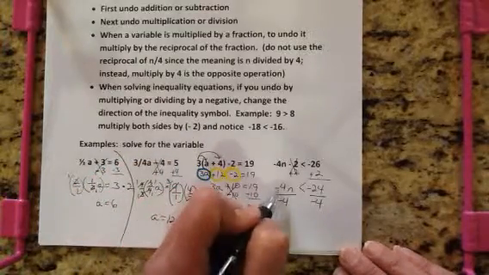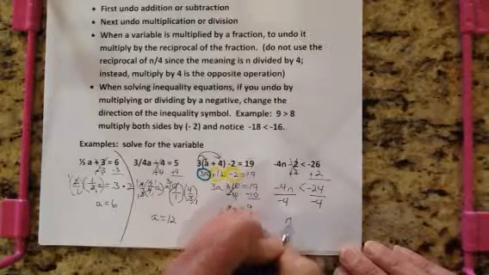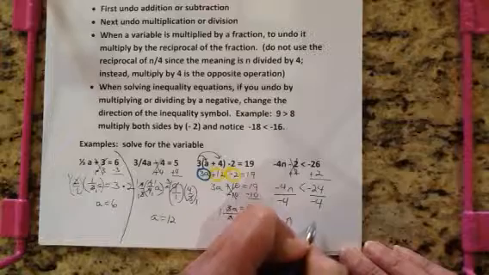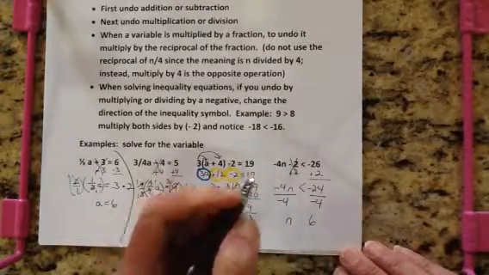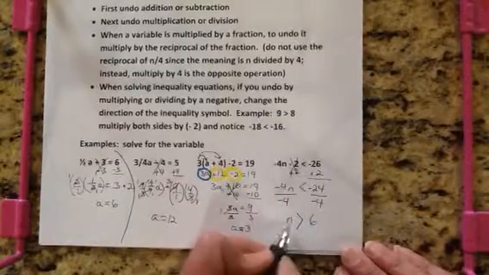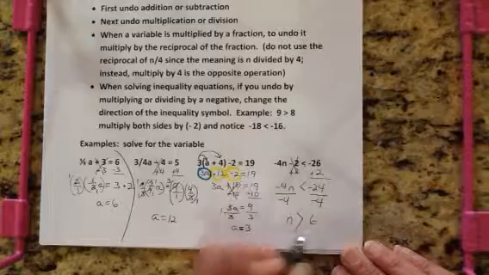Okay, so negative divided by negative becomes positive n. Negative divided by negative becomes positive 6. And that has to switch directions. So my solution set is n is greater than 6.